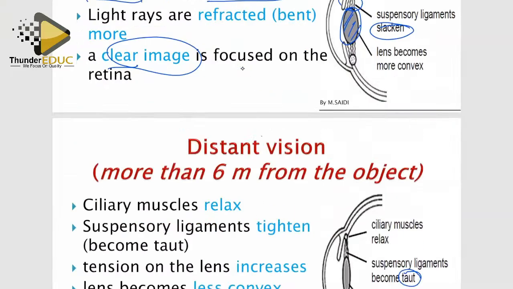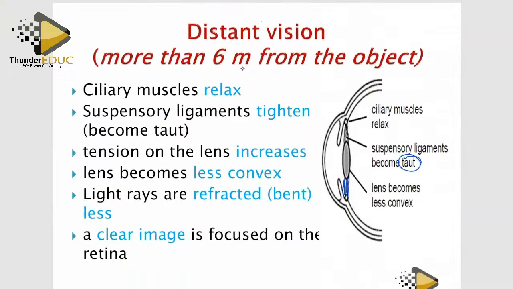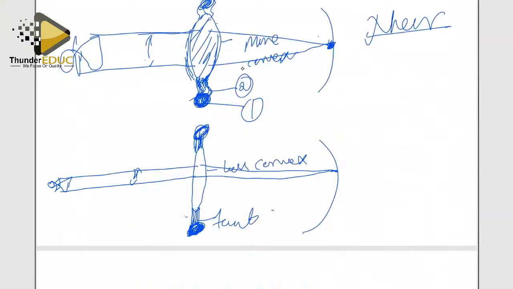We will see that. So now this is the opposite of a nearby object. We go back here. A far object, the beam is small. So the lens is supposed to be less convex. How do I make it? By pulling these suspensory ligaments.